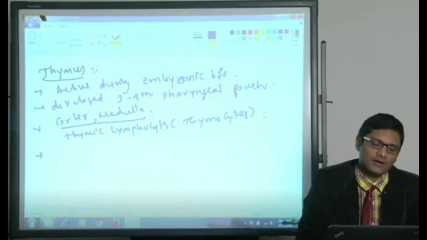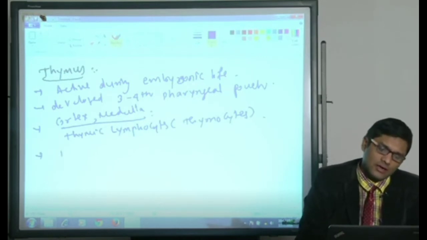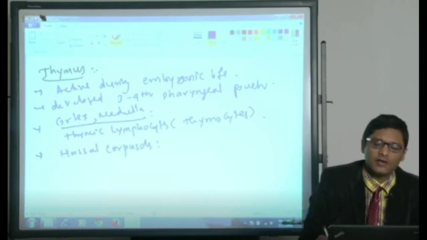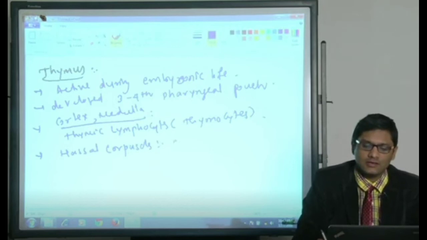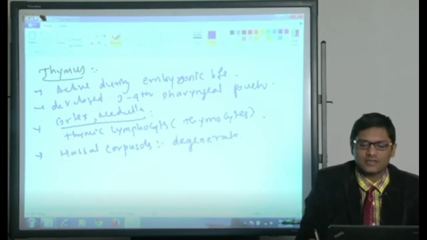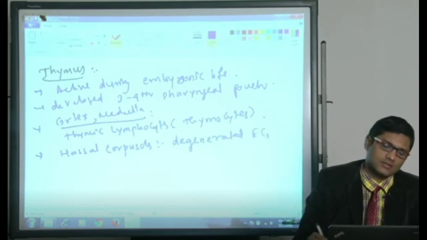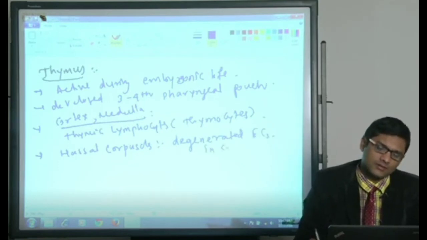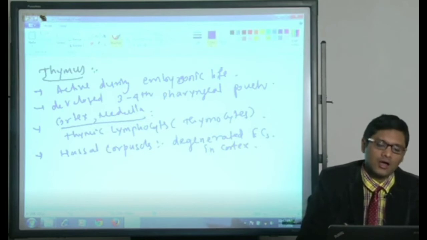And apart from that, in the cortex, Hassall's corpuscles will be there. Hassall's corpuscles are specialized, degenerated epithelial cells present in the cortex.